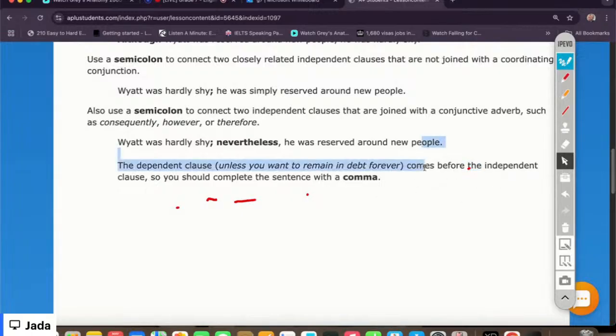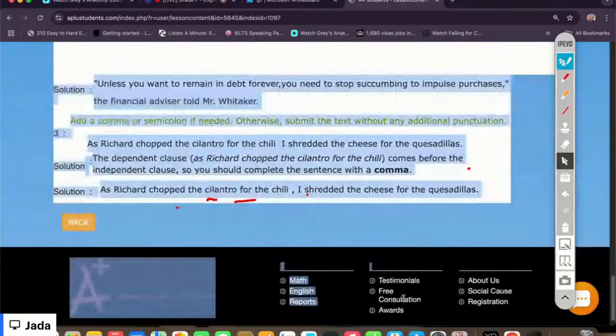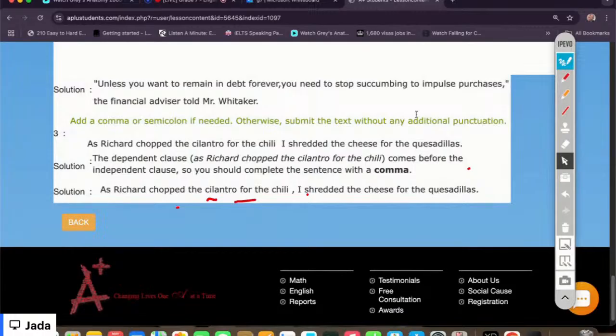So you should complete the sentence with a comma. That is, unless you want to remain in debt forever, you need to stop succumbing to impulse purchases. Unless is also used to show a dependent clause. Okay.